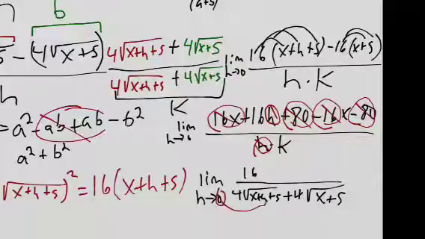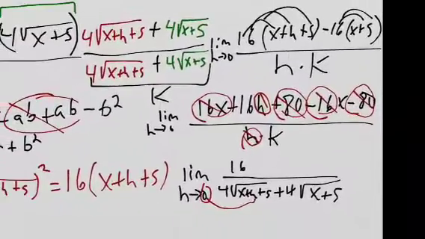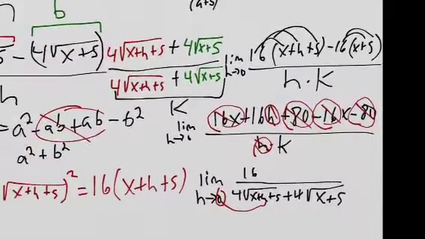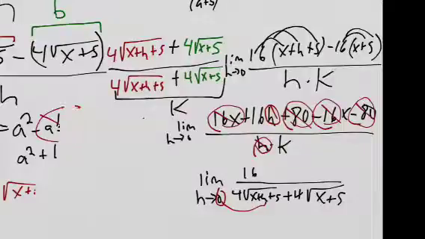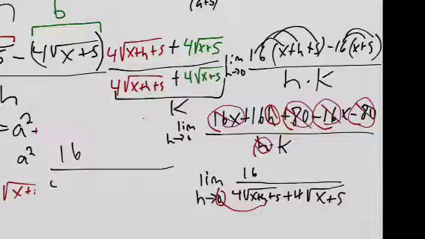So now we can finally plug that in. We're going to go over here to the left. What it's going to do is give us 16 over 4 root x plus 5 plus 4 root x plus 5.